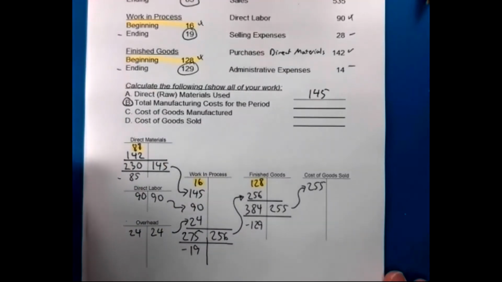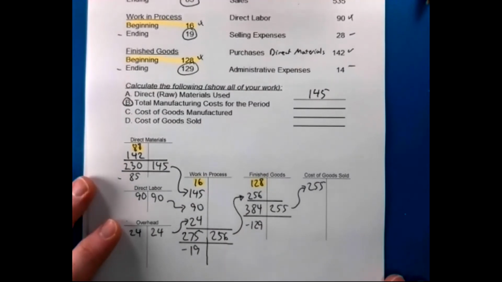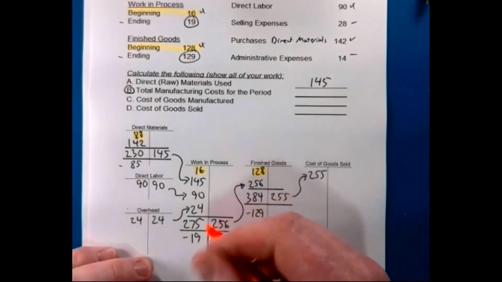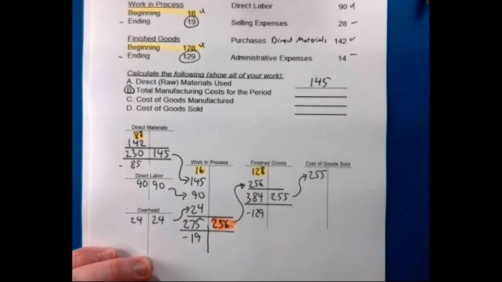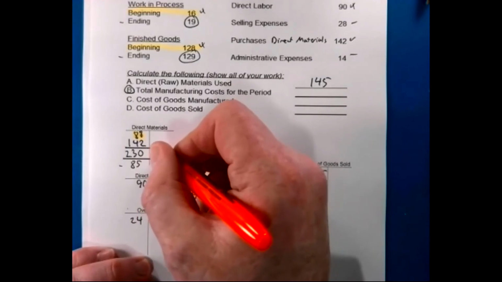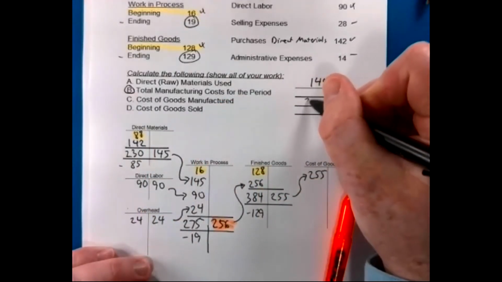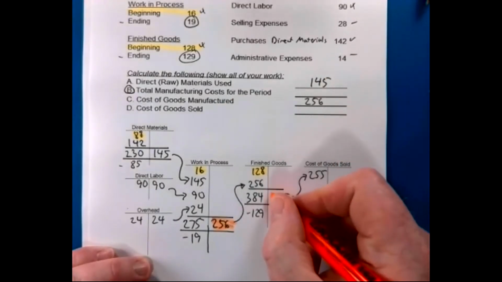I think we do it in the other ones, but if you want to do extra credit, I'll put that on. Cost of goods manufactured is right here. Actually, I'll color these. Okay, so this would be 256. Cost of goods sold.